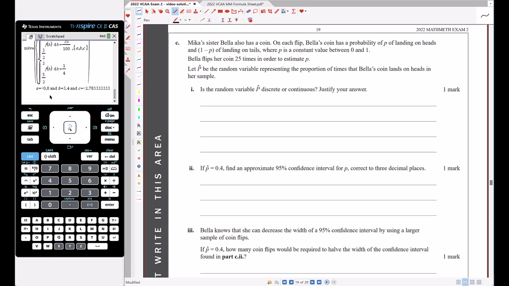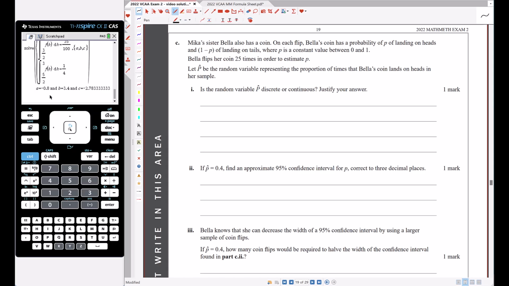Okay, so if we think about x as being the number of heads, x is definitely a discrete variable. She can either get 0 heads, 1 head, 2, 3, 4, 5, 6, 7, 8, 9, all the way up to 25. It can take one of 26 different discrete values. Now p hat isn't those values.